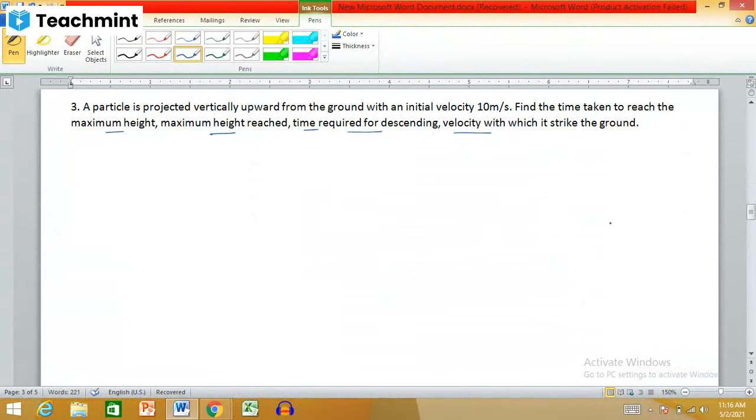So what happened? A particle is projected from the surface, or from the ground, with a velocity of 10 meter per second. That means the particle has an initial velocity of 10 meter per second.